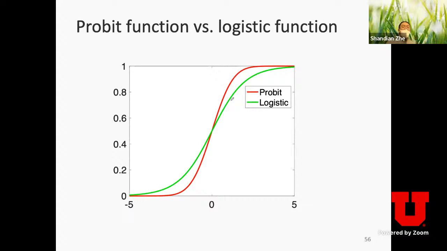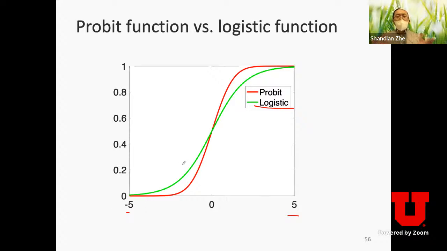So what's the difference? The difference lies in the behavior of this mapping function, or sometimes we call it a link function. Right? So this green curve corresponds to the logistic function, and the red curve corresponds to the Gaussian CDF. So you can see that with large input, say bigger than or equal to 5, both the logistic function and probit regression, you can view them as almost 1 or 0, right?